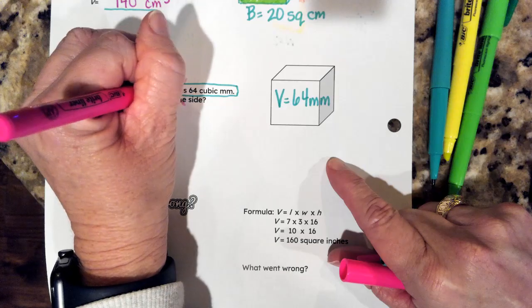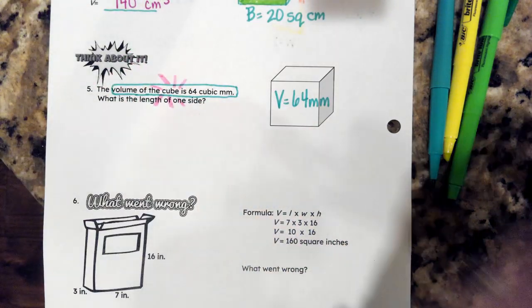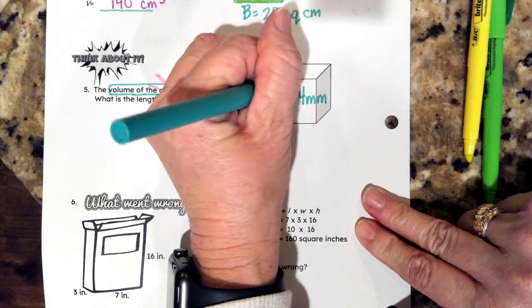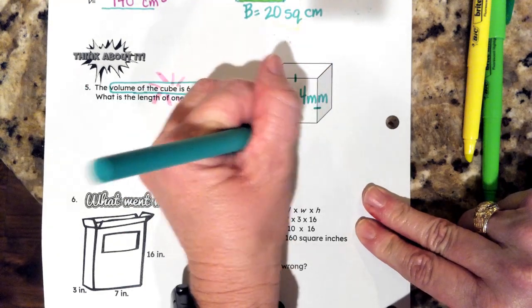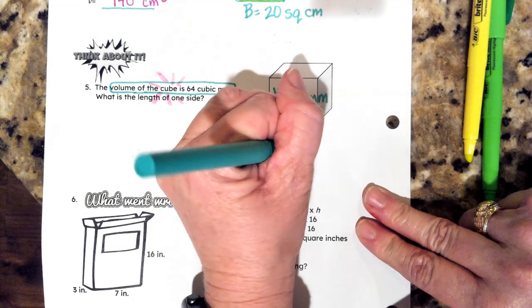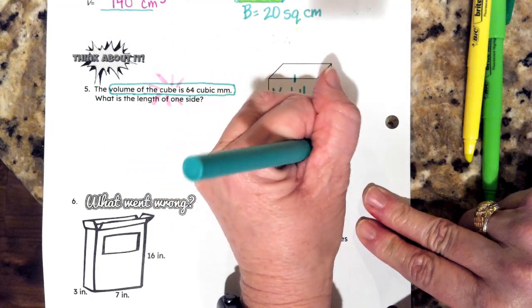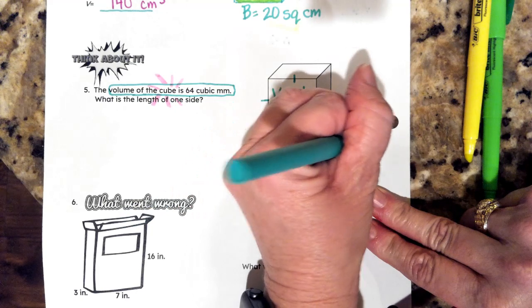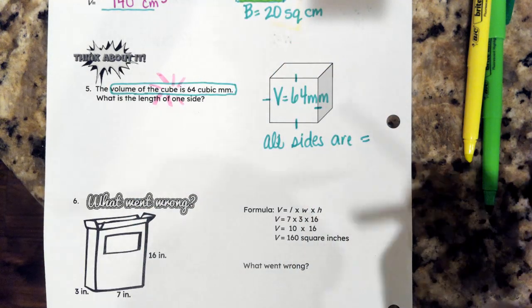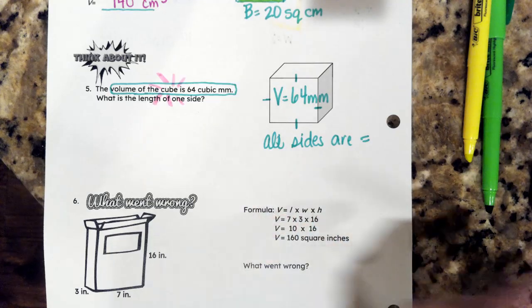And so one thing that stands out to me when I read the word cube is, oh my, all the sides are equal.